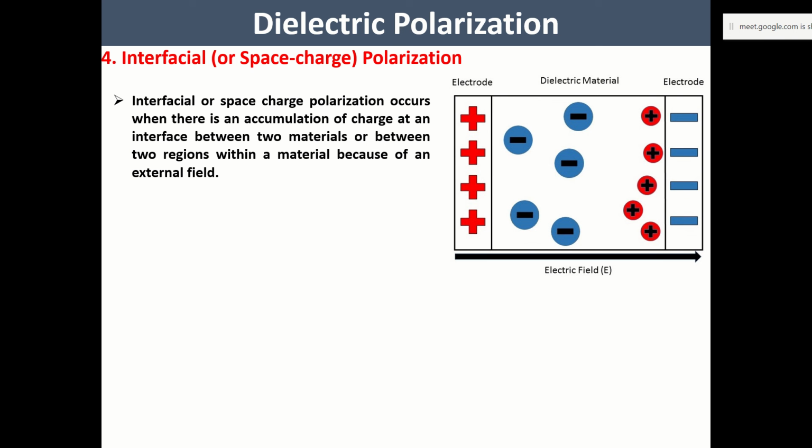As we are talking about the different mechanisms, they are for different types of materials, right? So the first one was for non-polar, the second one was for polar molecules, a material which already has polar molecules, that is, a permanent dipole is there, and the third one we talked about was for ionic, and the fourth one, interfacial or space charge polarization, is a special case.